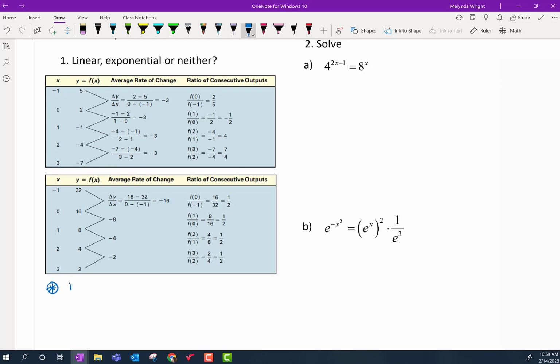So if the average rate of change is constant, the function is linear.